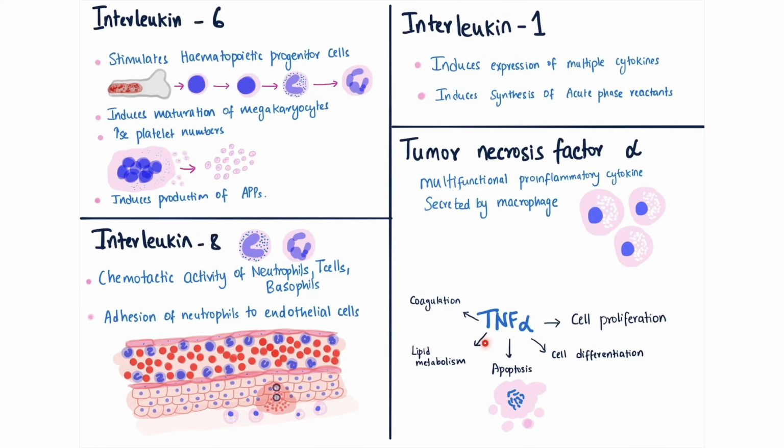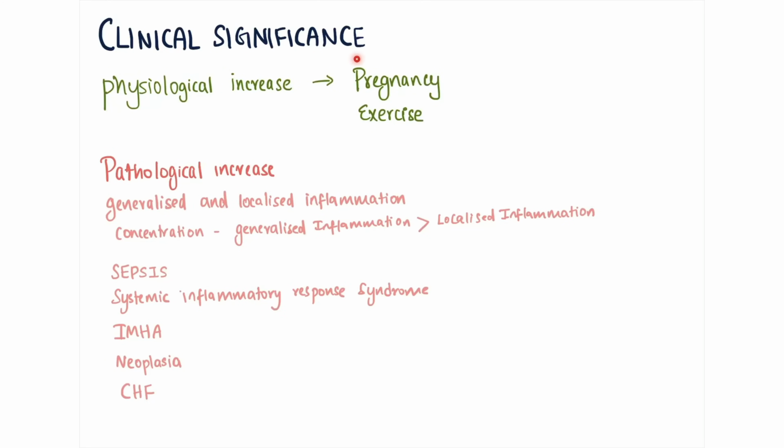So the tumor necrosis factor alpha helps in cell proliferation, cell differentiation, helps to induce apoptosis, helps in lipid metabolism, and coagulation. Coming to the clinical significance and diagnostic interpretation, C-reactive protein is physiologically increased during pregnancy and as a result of exercise.